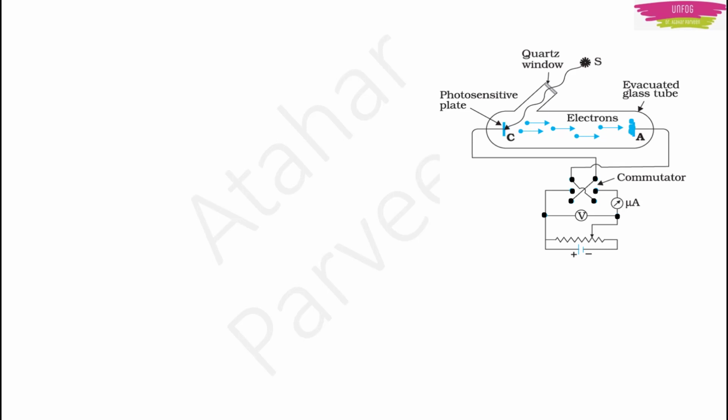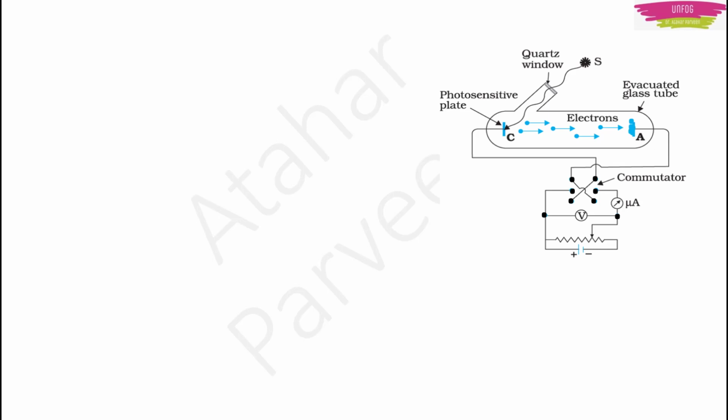Now you can see that before I make light incident on this photosensitive plate, the emitter plate, the circuit will be incomplete, right? Where is the connection? You can see that C is attached to a rheostat, the commutator, the microampere ammeter, then a voltmeter and a battery. A is also attached to the rheostat, isn't it? But are C and A connected to each other with any wire?